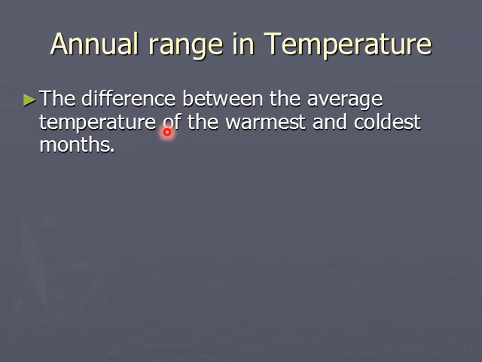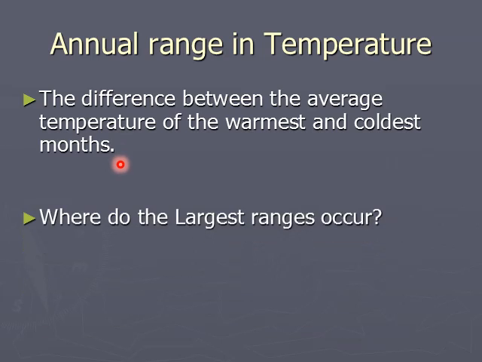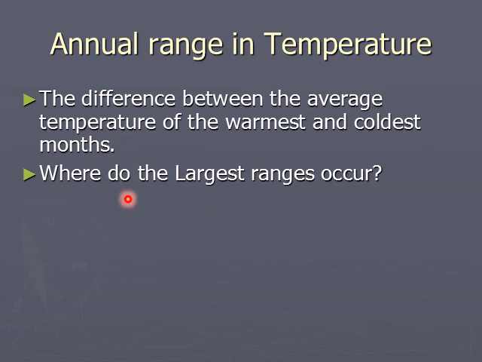Alright, another way is the annual range in temperatures. That's the difference between the average temperatures of the warmest and coldest months. So, where do the largest ranges occur? Again, it's over land. The question is, why is it over land?